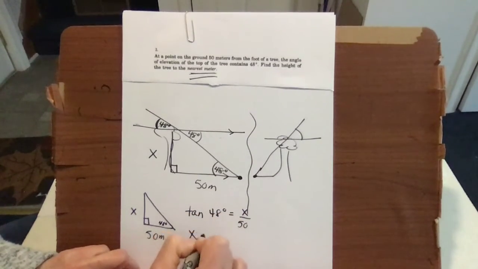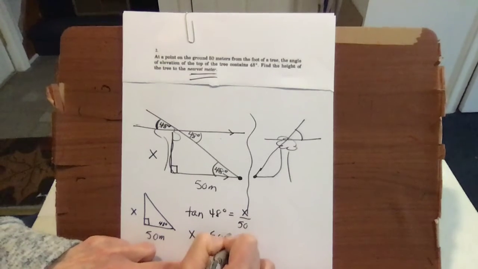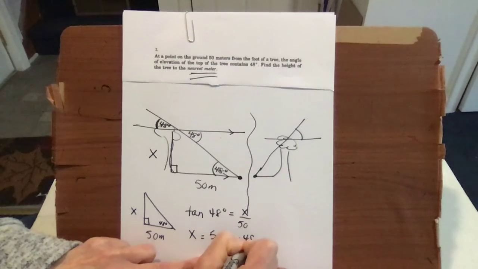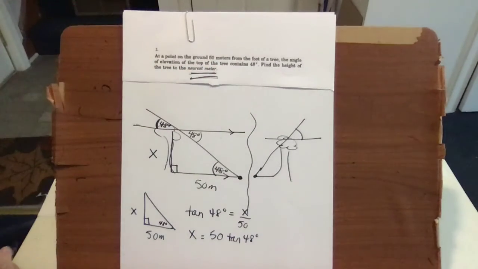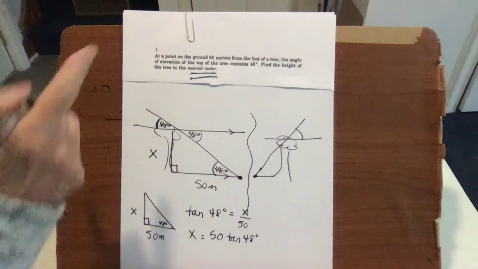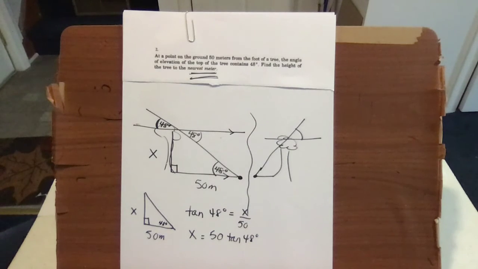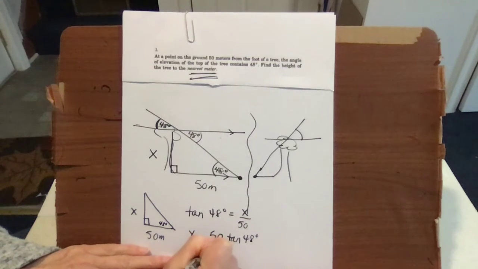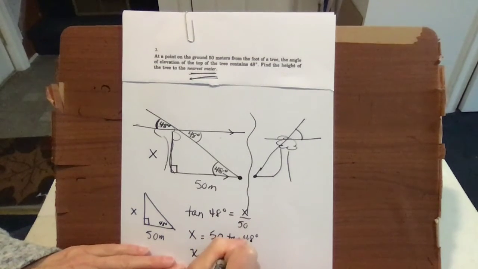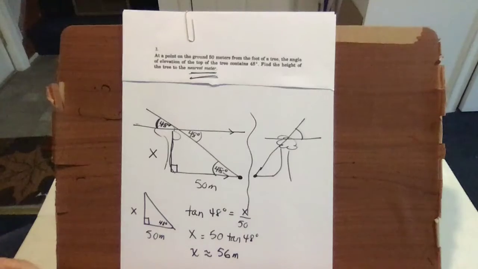When we cross multiply, x is going to be 50 times the tangent of 48 degrees. Now you're rounding to the nearest meter here in this case, otherwise you would round to the 10th, but if the directions say otherwise, make sure you read that carefully and do what it says. So when we solve for x, x is approximately 56 meters, and that would be our height of our tree.